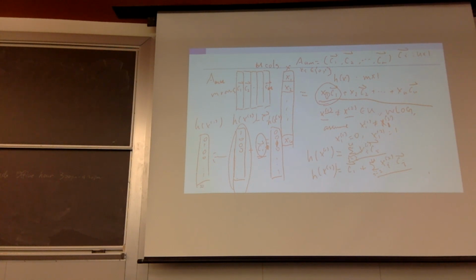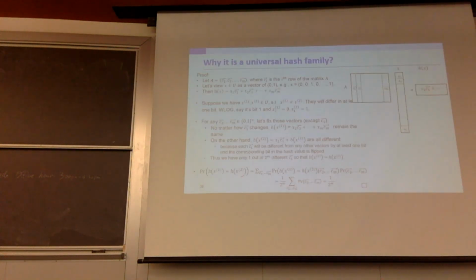Let's put it in a new slide. So suppose this is h of x1, and this is h of x2 minus c1, okay? And this is something like 0, 0, 1, 0, and 0, 1, 0, 0, and 1, 1, 0, 0, 0.